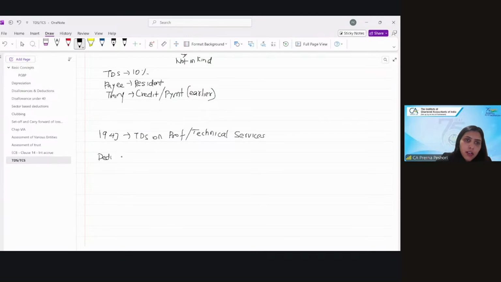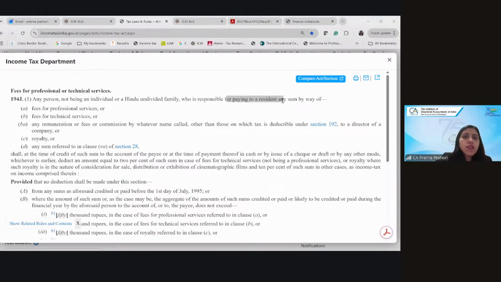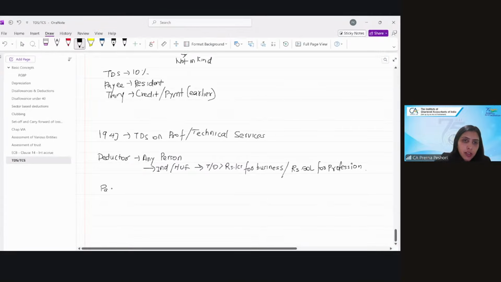Who is the deductor? Any person. For individual or HUF, turnover greater than rupees 1 crore. For paying to a resident. So the payee has to be a resident.